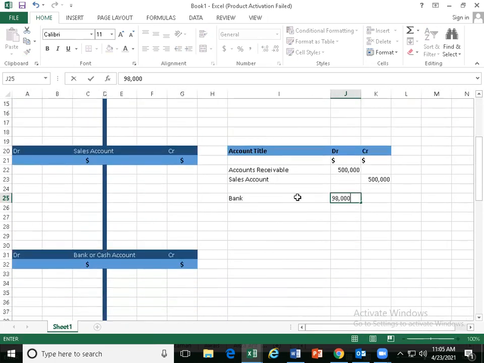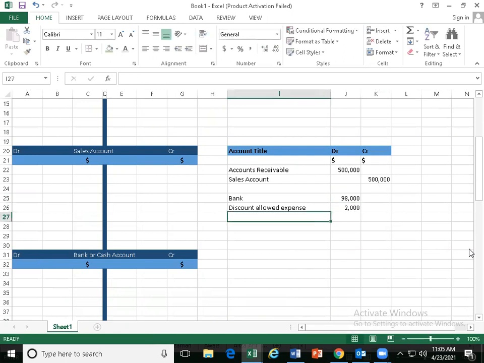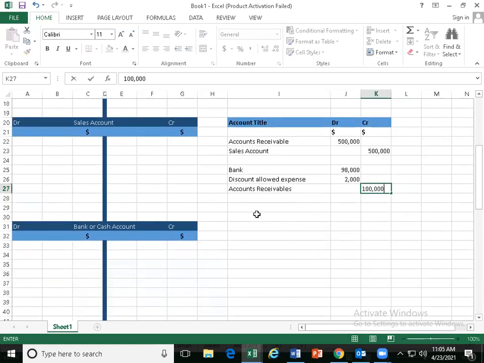So debit bank 98,000, debit discount allowed as an expense 2,000, and we credit accounts receivable 100,000. Okay, and that transaction is done.